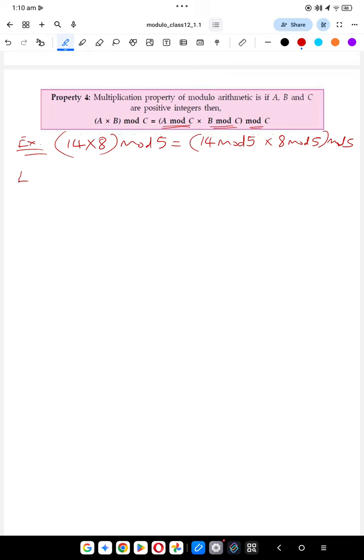So let's evaluate our LHS expression. What is our LHS? 14 into 8 modulo 5. So 14 into 8, how much is it? It is 112 modulo 5.